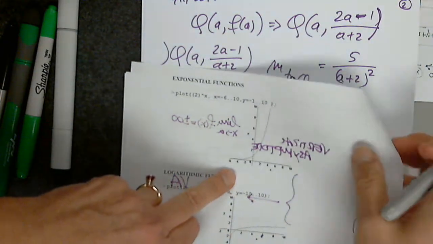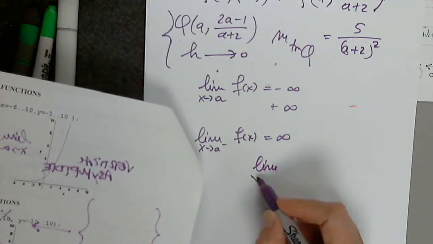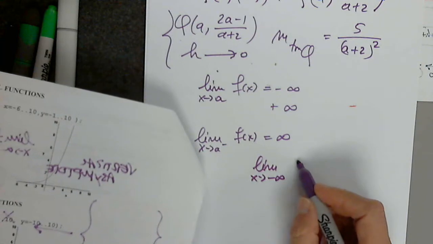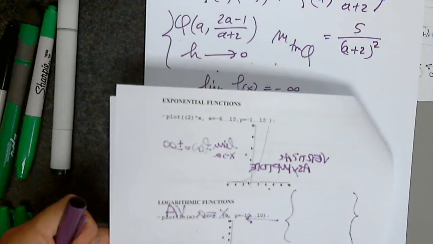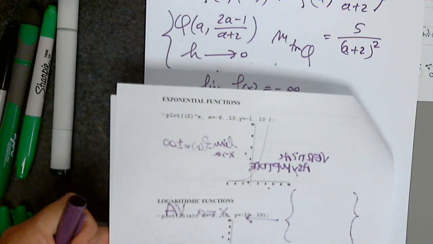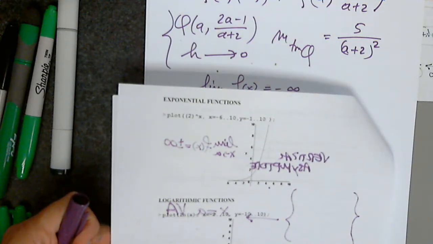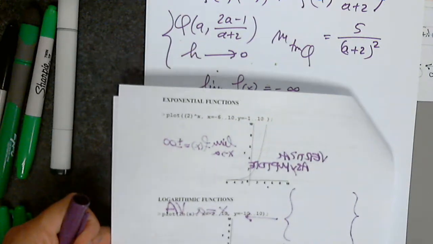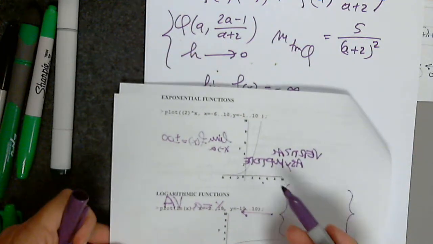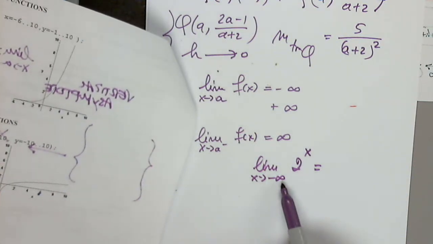Okay, if for this function we're asked to determine the limit as x approaches negative infinity of 2 to the x, what will you say looking at the graph? So the limit of 2 to the x as x approaches negative infinity.